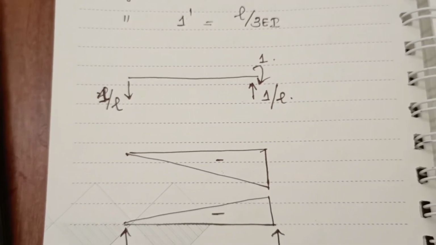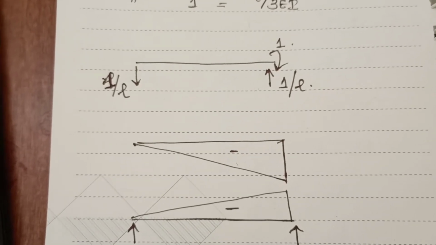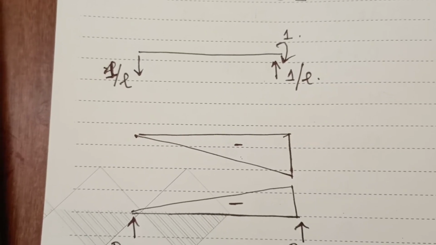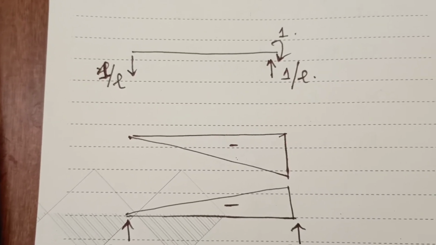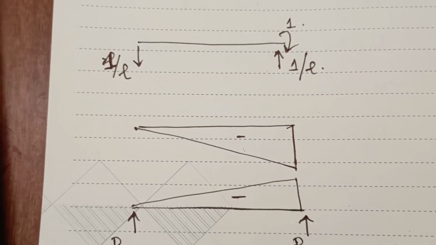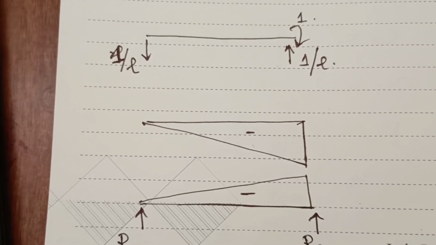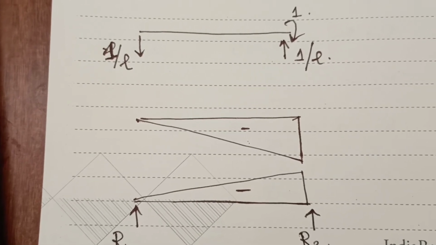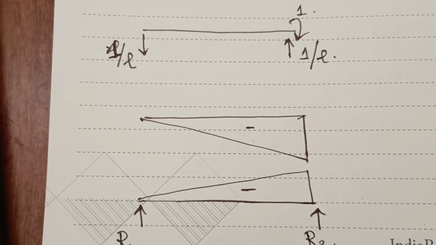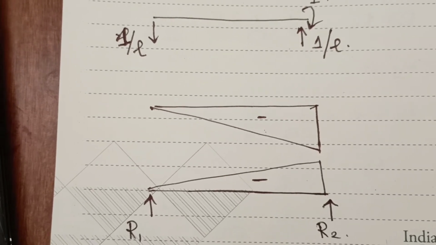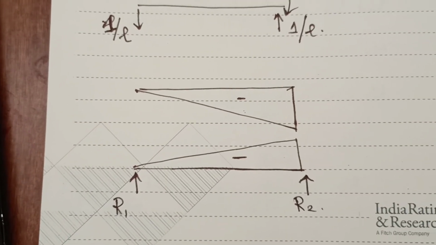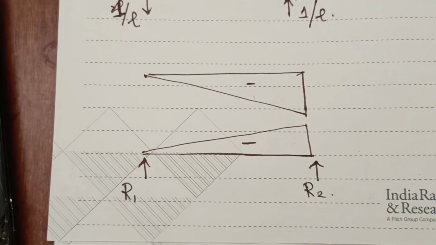Then by drawing the M by EI diagram, since the clockwise moment is applied at the second point, the beam may deflect upwards. Hence it is hogging, so by the sign convention the hogging will be negative and the bending moment diagram we have to draw downwards.